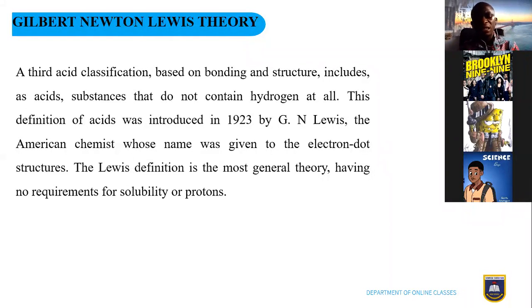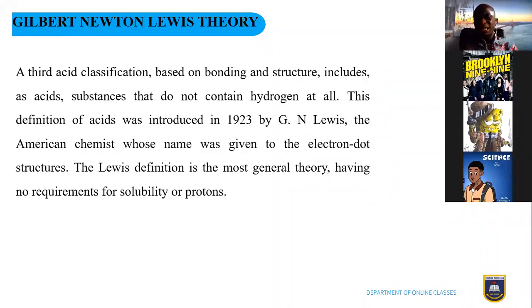In chemical bonding we have electron dot structures, where we represent electrons as dots, showing how bonding, mainly covalent bonding, happens between atoms.